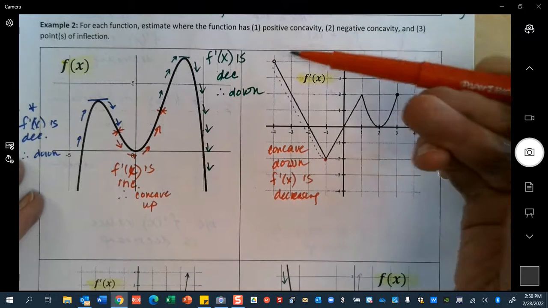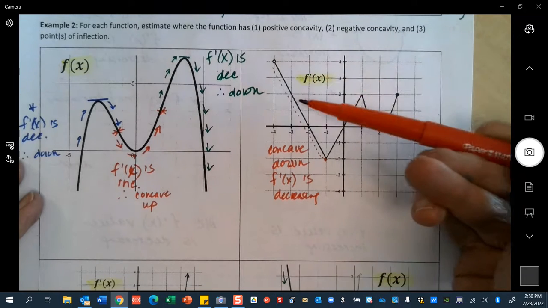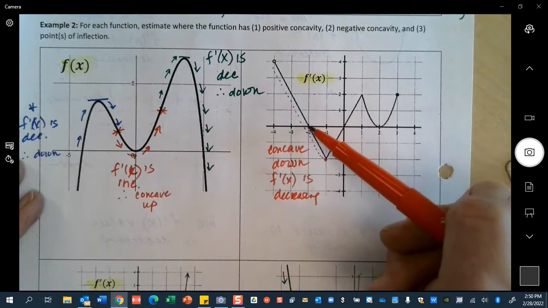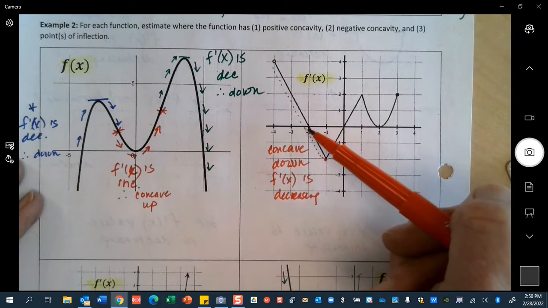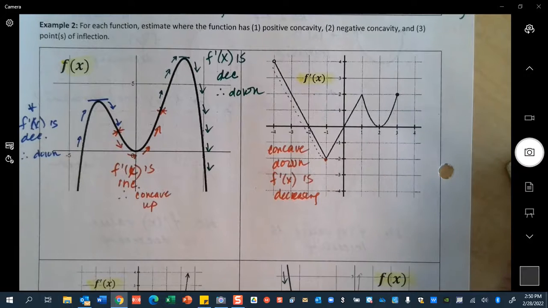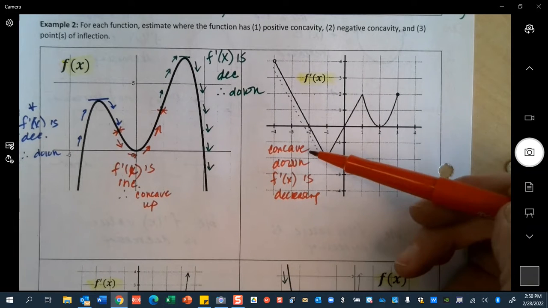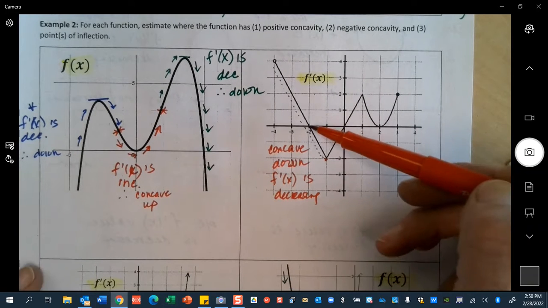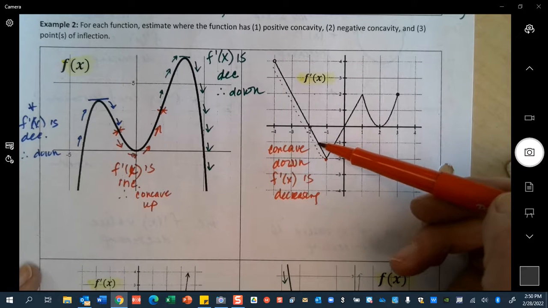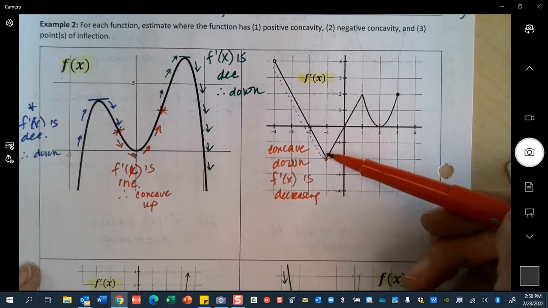I had a slope of 4, then I had a slope of 3, then I had a slope of 2, then I had a slope of 1, slope of 0. So here's a minimum. Or maximum. We'd have to think about positive to negative. It's a maximum. And then it is decreasing, decreasing, decreasing.